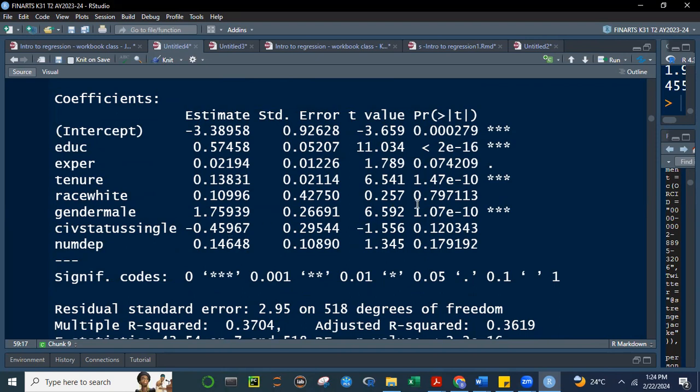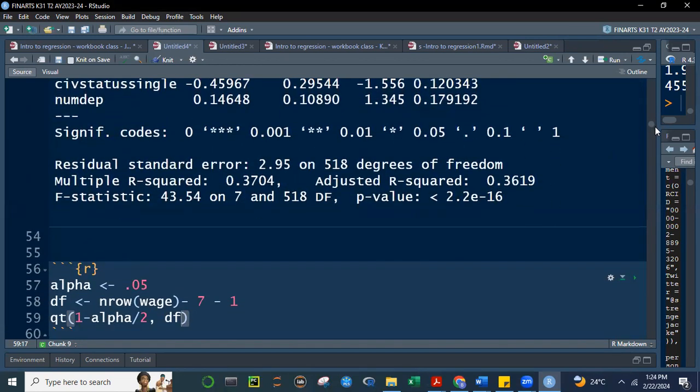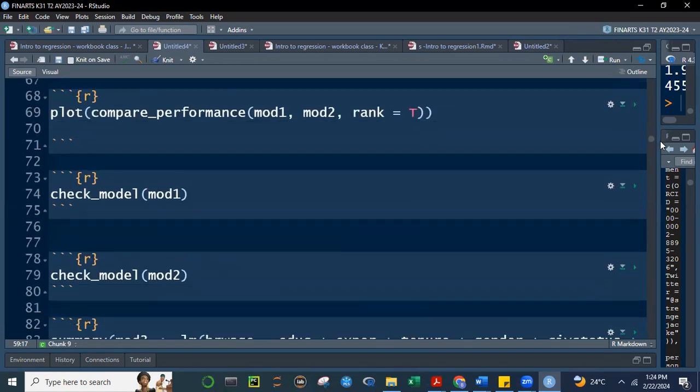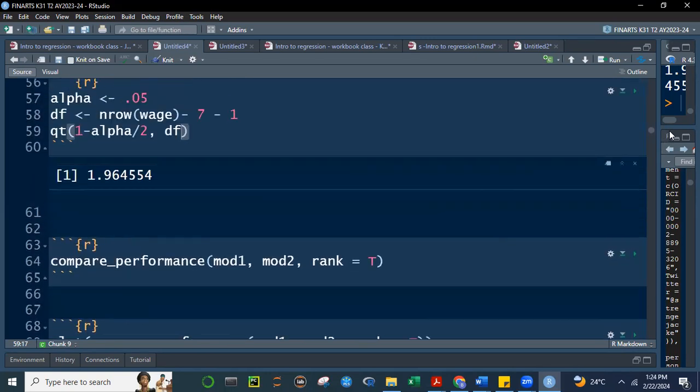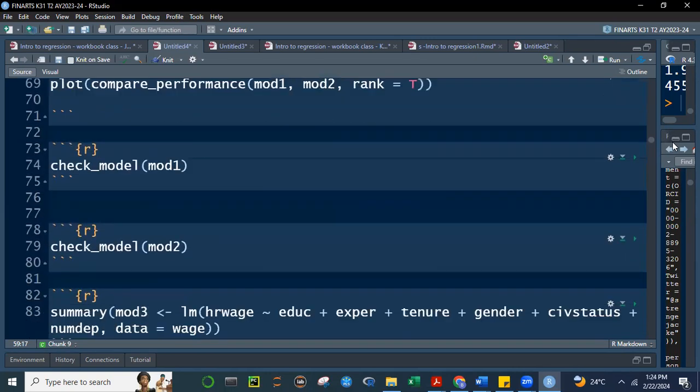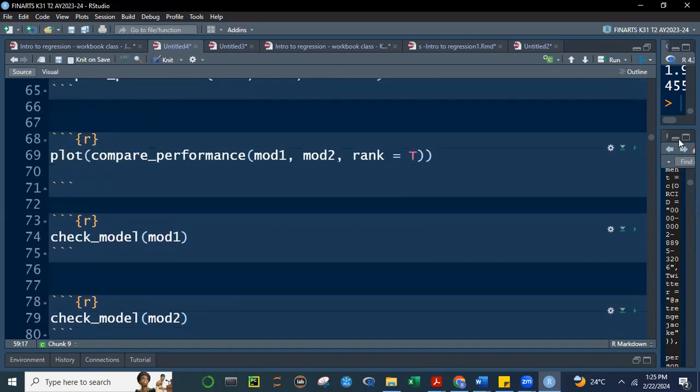That's why it's backward. So the lowest t-value is race. Okay. So that means that this is the leaving variable. So we'll now create a new model where, okay, model number 2. Here.